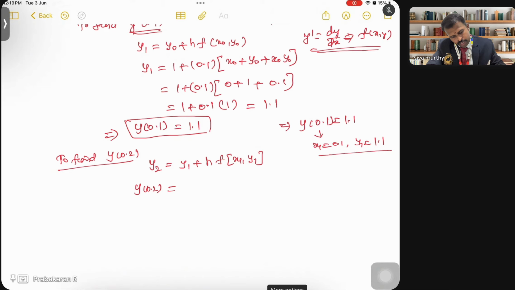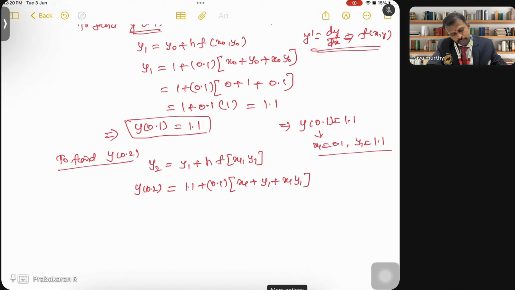So the value of y1 is 1.1 plus the value of h, which we already know is 0.1. Then f of x comma y, what's f of x comma y? Because here they are giving the function f of x comma y, that is our dy by dx, right? Here they have given x plus y plus xy. So you have to replace in terms of x1 and y1. Okay, so x1 plus y1 plus x1 y1, right? Very good.